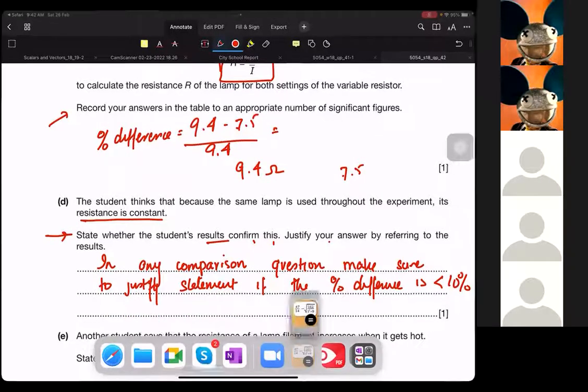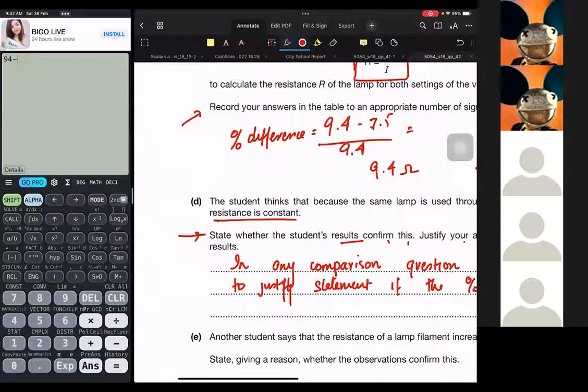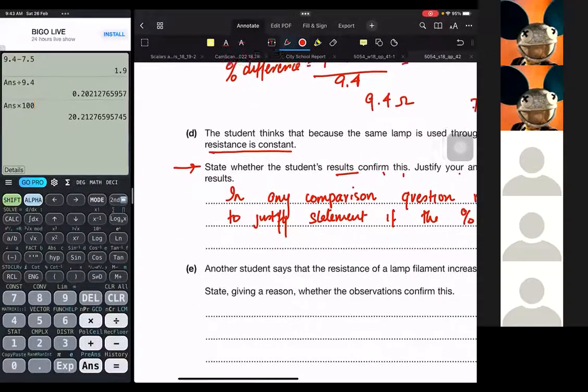Now what we do is 9.4 minus 7.5 divided by 9.4. If you multiply by 100%, you'll see that it's about 20% difference.